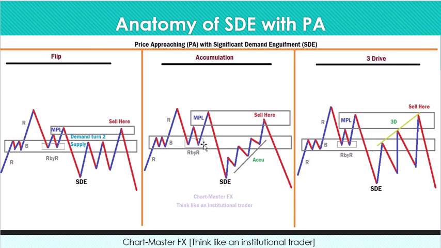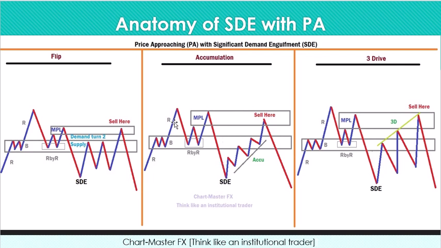So we need at least 2 visits. Once we have 2 visits, then we can call it a reaction by rejection. So once we have a reaction by rejection here, then you wait for the price to engulf this base. Once this base has been engulfed, then that one qualifies as an SDE.